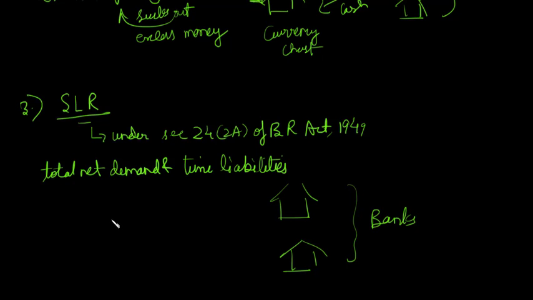And they have to keep these securities and precious metals with themselves, not with RBI. What SLR does is again restrict the bank's leverage in pumping more money into the economy by investing a portion of their deposits in government securities.